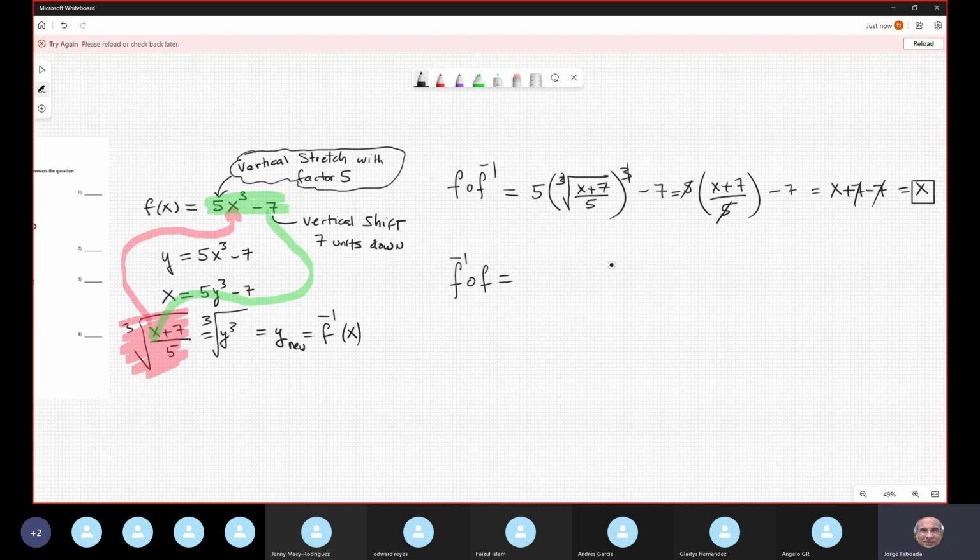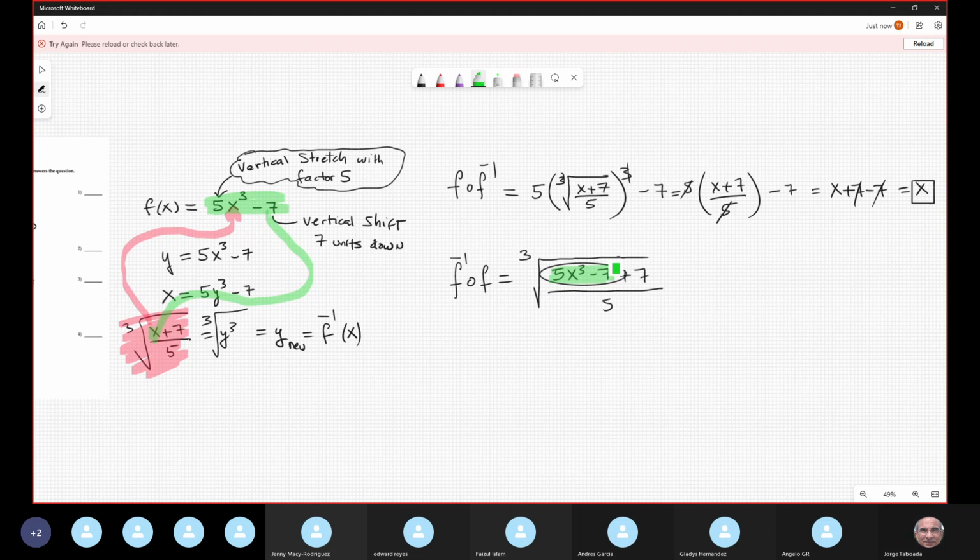Okay, so it is the cubic root of, no x anymore, it's 5x cubed minus 7 plus 7 over 5. This part represents the x part of the original, no? I replace this x with this.